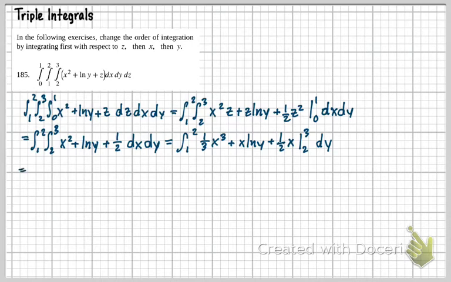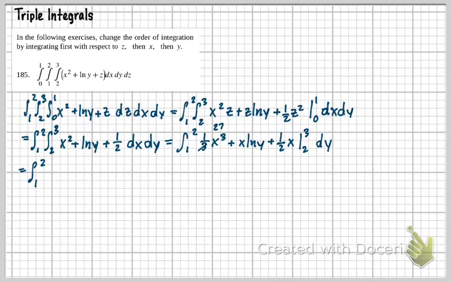Okay, so now we're going to plug in the upper bound minus the lower bound. So I'm going to do 3 cubed. When I plug the 3 in for each of those, x is there. That's going to be 3 cubed, which is 27.